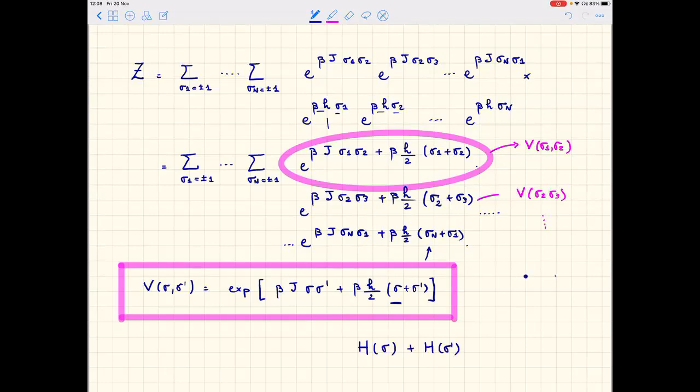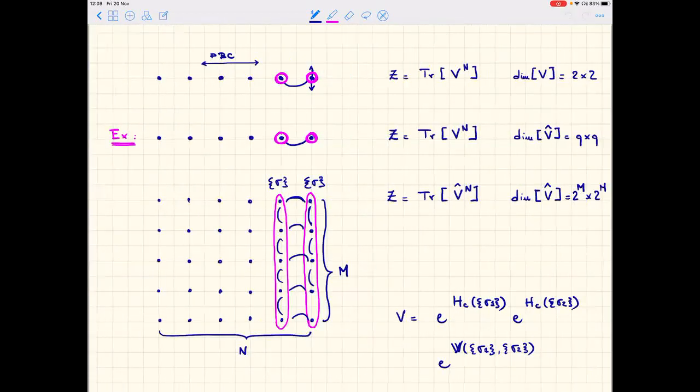If I have sigma and sigma prime that are isolated, they have essentially just a magnetic field, plus beta J plus the interaction term, which I call W of sigma sigma prime. So you see how the structure will generalize to this case, right? Actually, here you should put a factor of 2. You see the point? How everything will generalize to the 2-dimensional case.